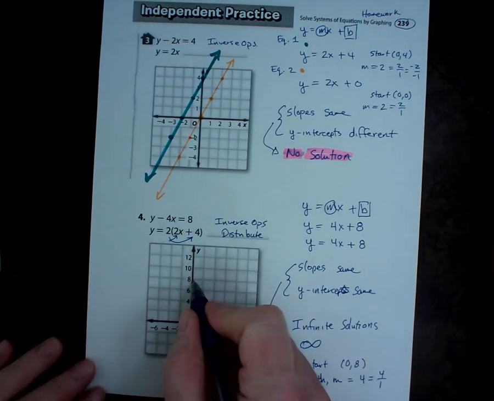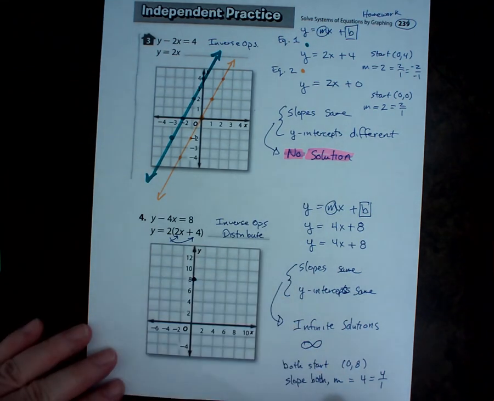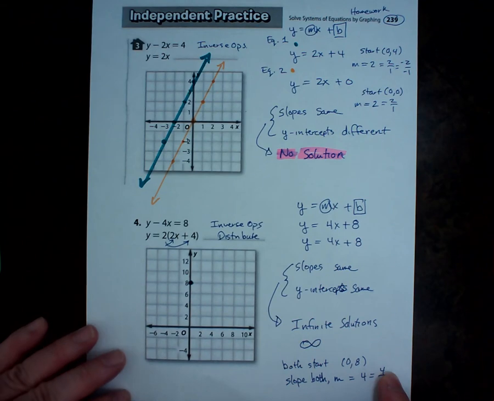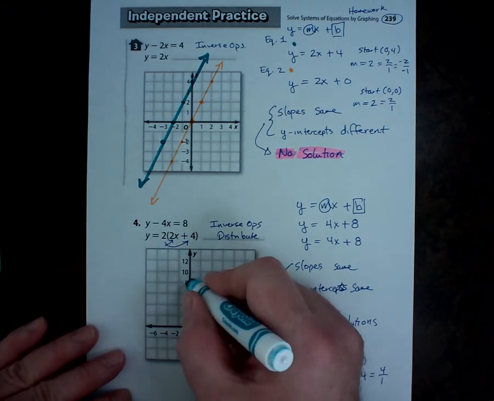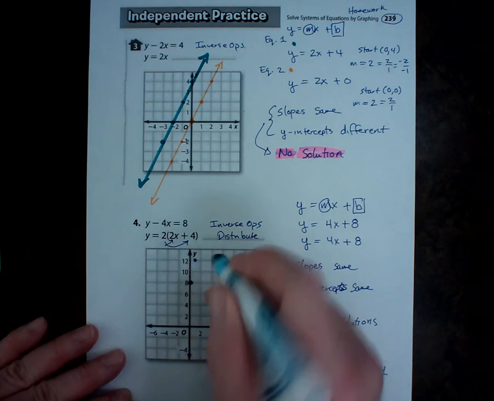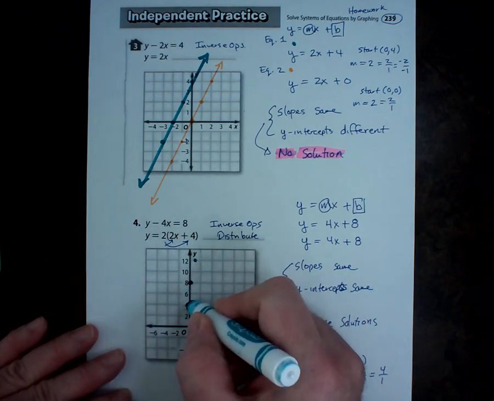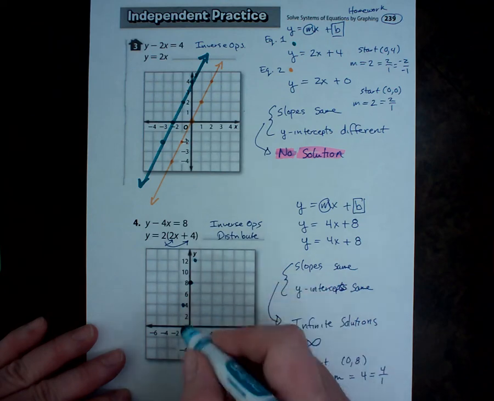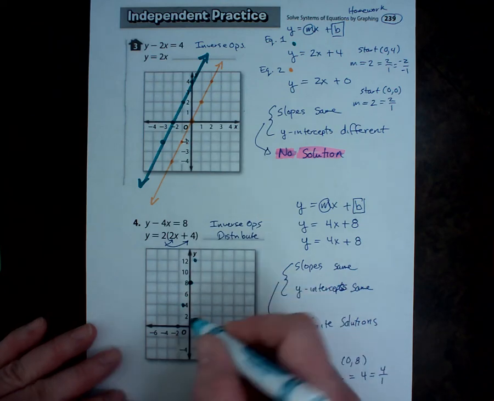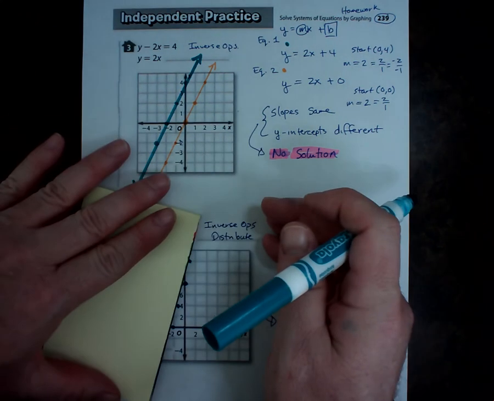So if we go to 8, then we have to rise 4 and run 1. Now look, these go by 2s. So if I rise 4, I can only go in between 0 and 2 here. I can also go down 4 and left 1. Down 4, left 1. Connect these dots and you're done. Same line.